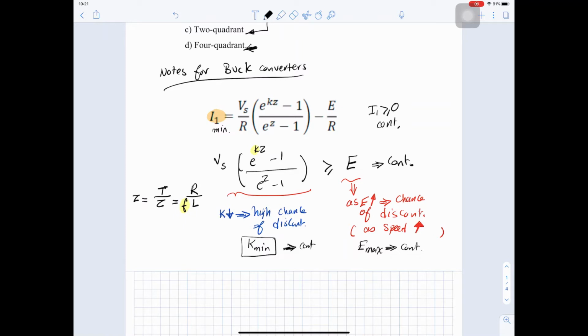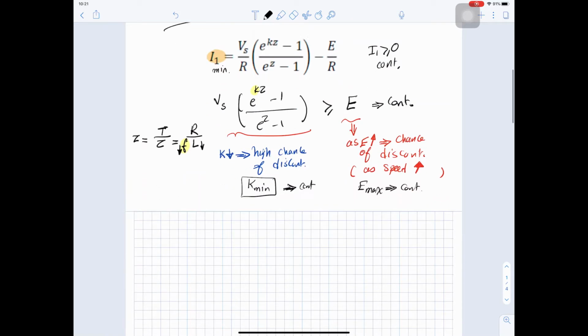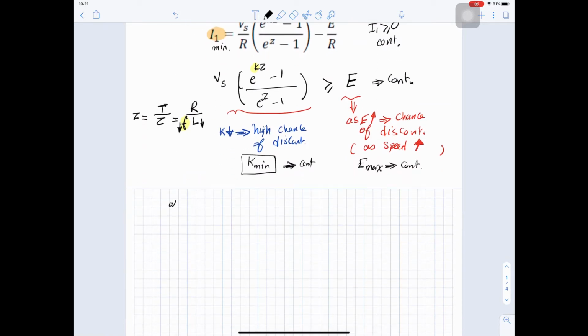As the frequency goes lower, there is a high chance of being discontinuous. Also, as the inductance goes down, there is a high chance to be discontinuous. So at any given K and E, you can find the inductance for continuous operation.